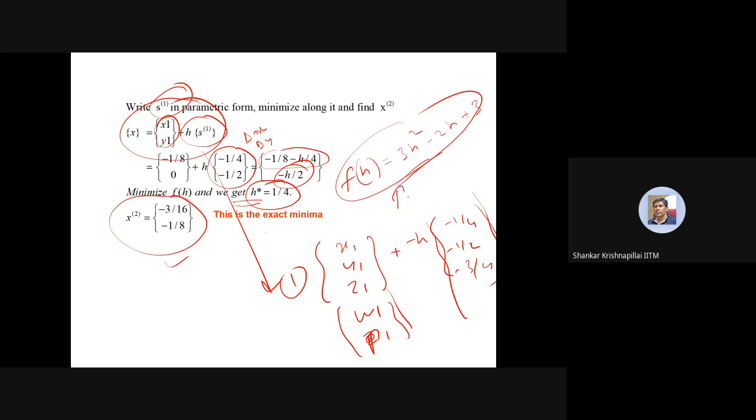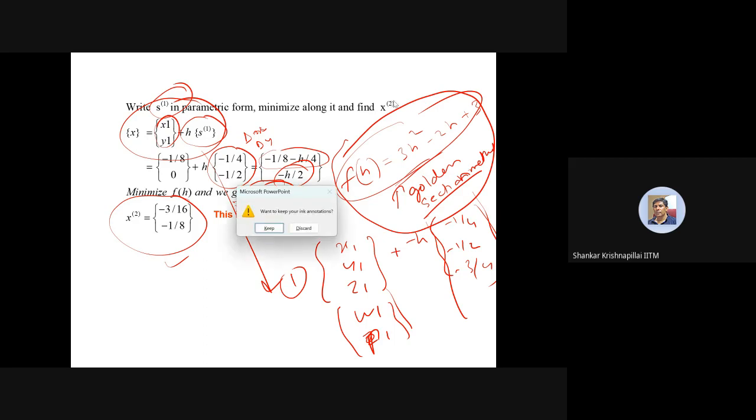This is solved by algorithms using what is that called? That golden section method. Although the problem may be a multivariable problem, in the end it is solved by a single variable algorithm like the golden section method. Okay, we can stop this topic and go to the next topic.